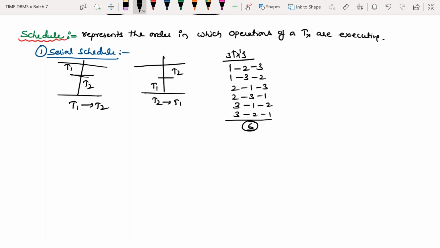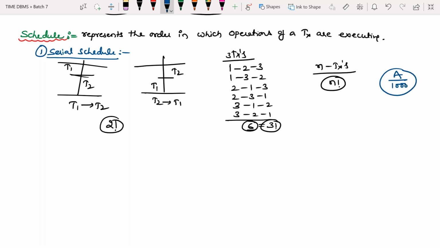If two transactions are there, 2 factorial serial schedules are possible. If three transactions are there, we have 3 factorial serial schedules. If n transactions are there, then how many serial schedules are possible? N factorial. Just now we discussed an example of concurrent execution where my account A is credited by my father and my brother with 1,000 rupees each.